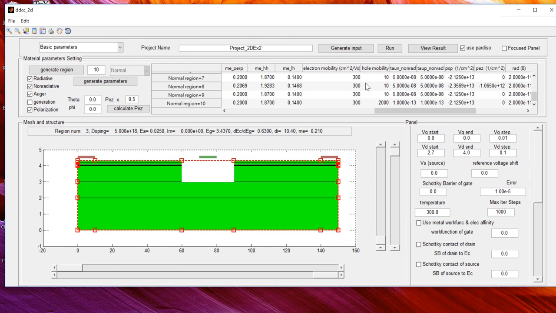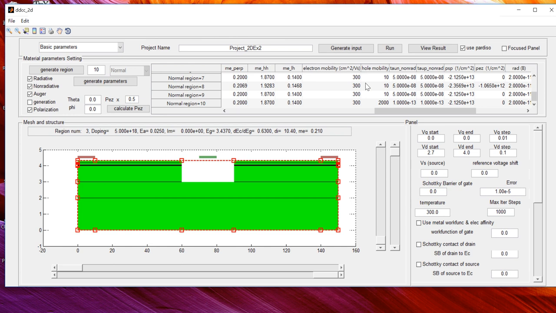Sometimes you will dope as heavily as possible because you don't make good contact, so then your mobility decreases. So you should always change mobility; I just tell you, mobility is something you are responsible for, not me. Tau is the non-radiative lifetime tau, and it should not use the default because it depends. B usually doesn't change too much, so you can use the default.